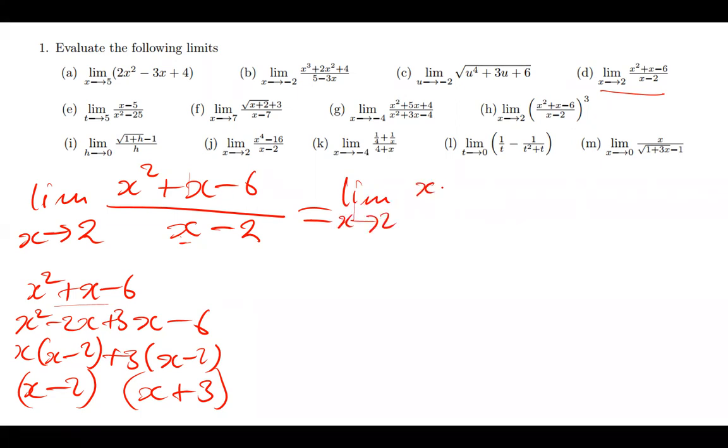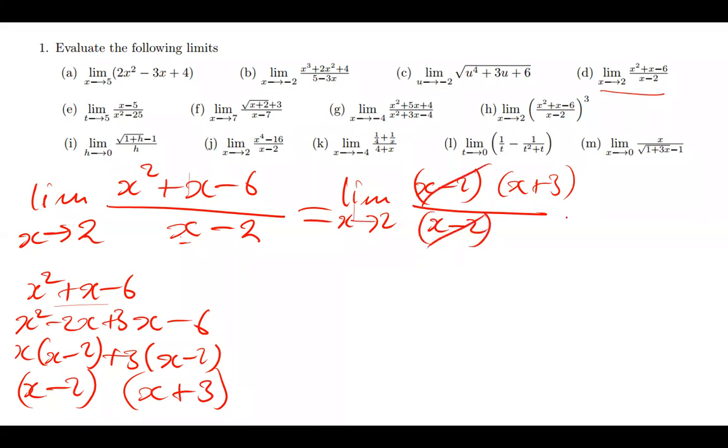So on top there, we replace with x minus 2, and then x plus 3. Then down, you have x minus 2. So you can see that this and that will cancel. We'll just remain with the limit of x plus 3 when x is approaching 2.